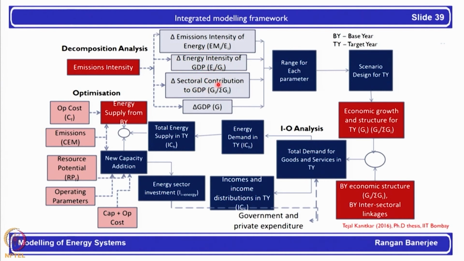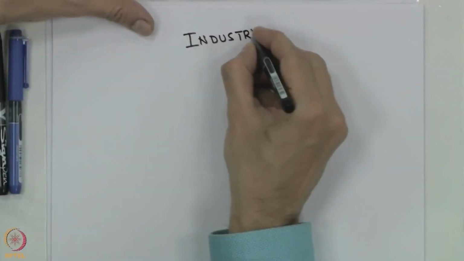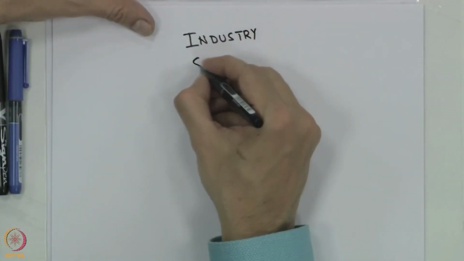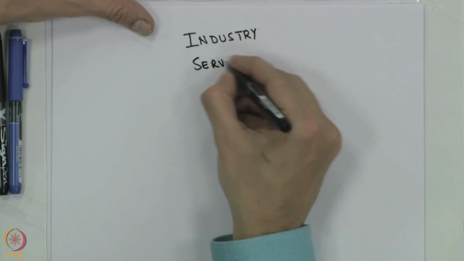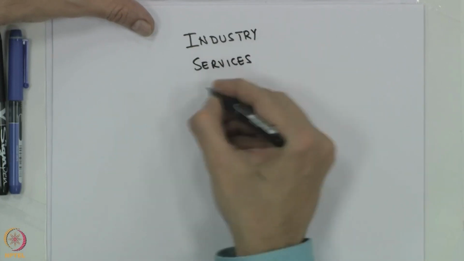So typically what happens is, in any country, the GDP comes from a whole set of different sectors. Typically the most important sectors are industry, services and agriculture.